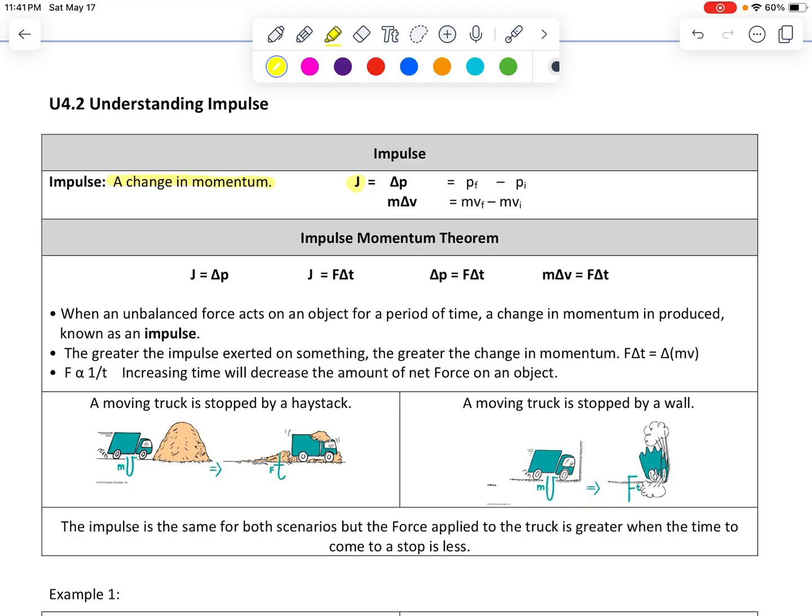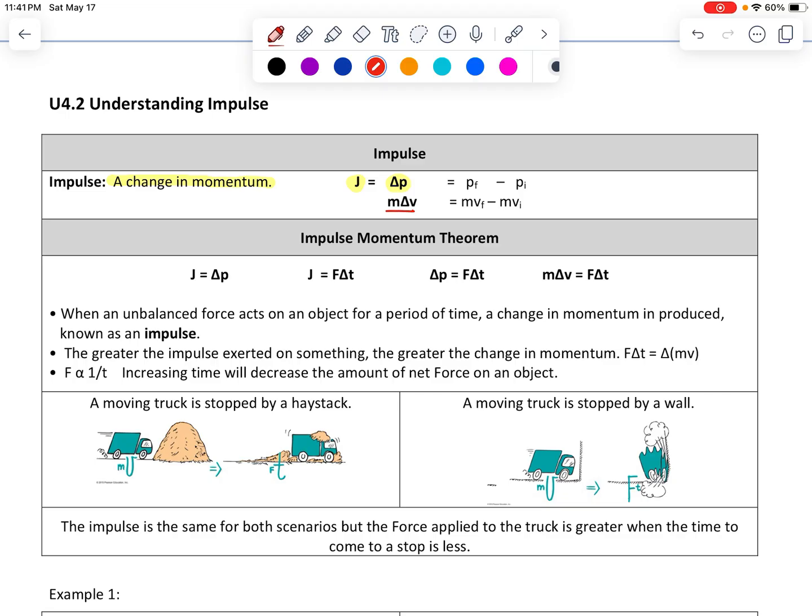But most of the time, I'll probably be using this delta P. Remember, delta just means change in, okay? And we know that a change in momentum usually means a change in velocity. Usually an object does not change its mass.